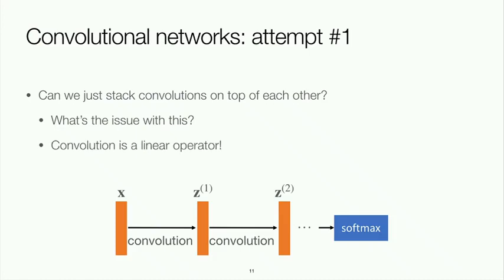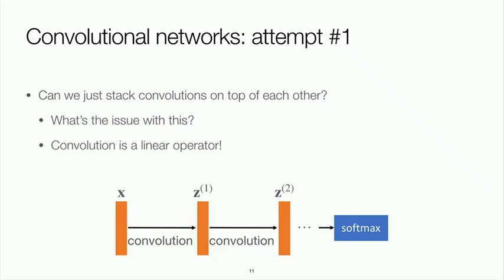Yeah, so that's actually the same problem that we talked about last time, which is that convolution is a linear operator. Okay, it's a fairly complex looking linear operator. It's not just a matrix multiply. Actually, it is just a matrix multiply, but with a special matrix that you have to define. But nevertheless, it's linear, right? And what happens when we have linear operators stacked on top of each other? It's just a linear operation in the end.